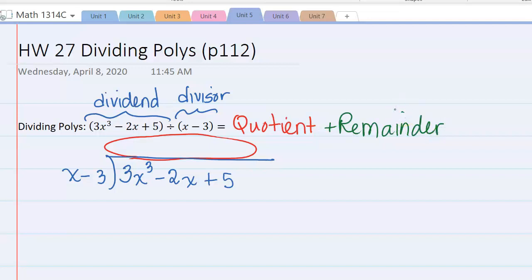So for example, if we were trying to divide 3,025 by 13, this would be our dividend and this would be our divisor.